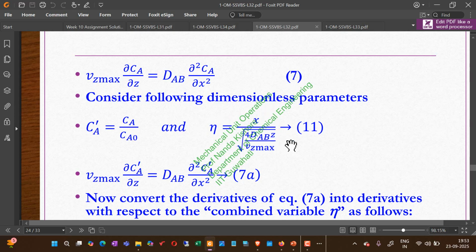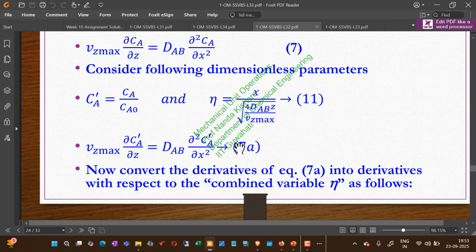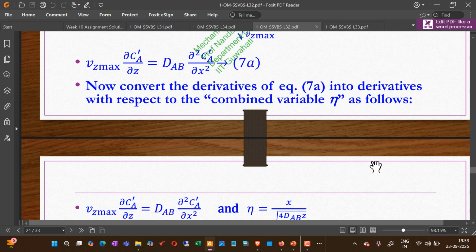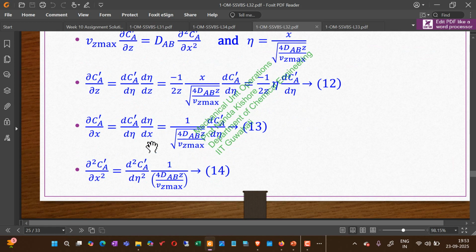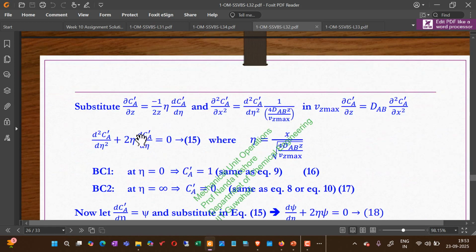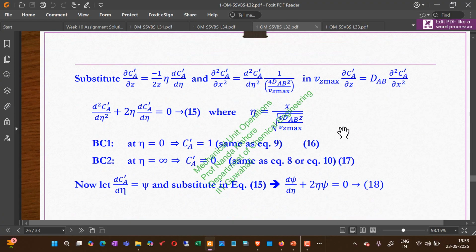So if you see this combination of variable, then once you solve it, the expression becomes this one. Just resubstitute it. Now convert the derivative of equation 7a into the derivative with respect to the combined variable. Once you solve it, in terms of the combined variable, both sides you are going to get each other.